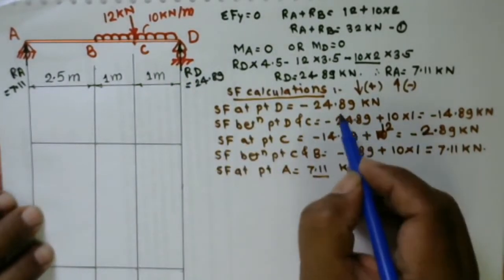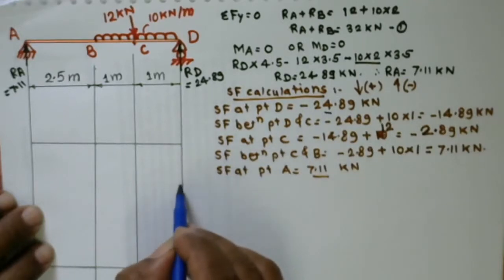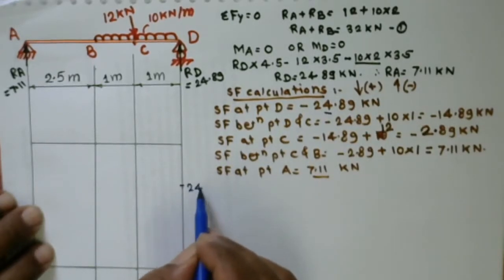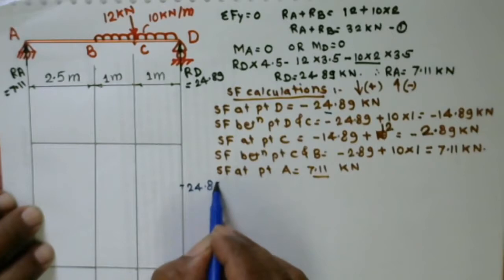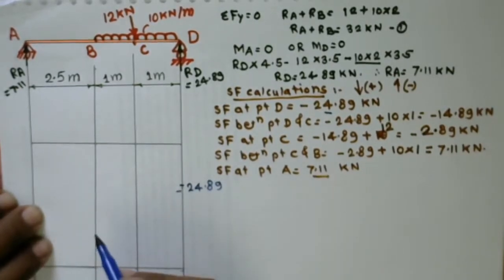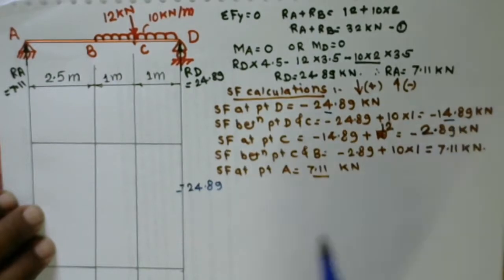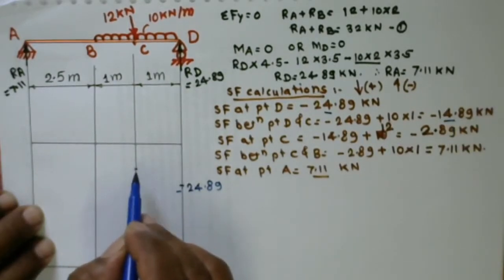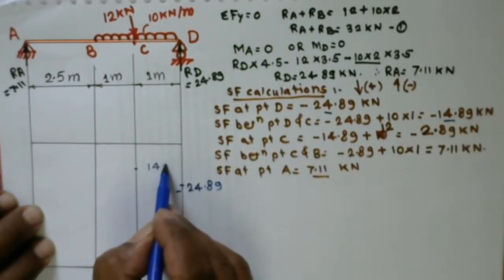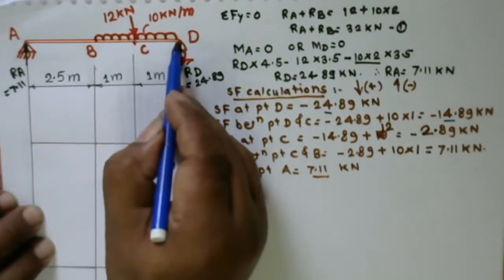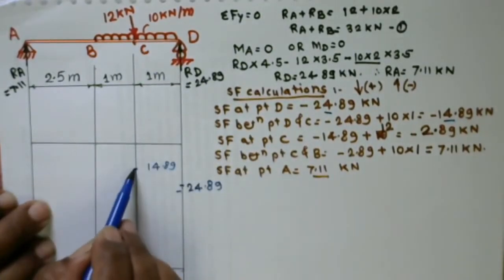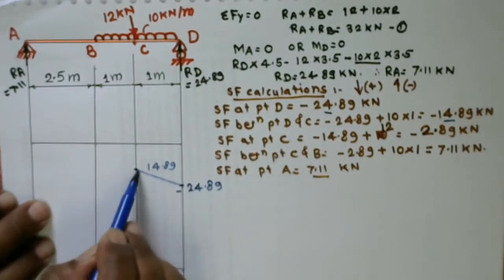Now plot the shear force diagram. At point D, shear force is minus, so we mark it on the minus side below the baseline, minus 24.89. At point C, between points C and D, it is 14.89. Between points D and C there is a UDL, so we join by an inclined line.